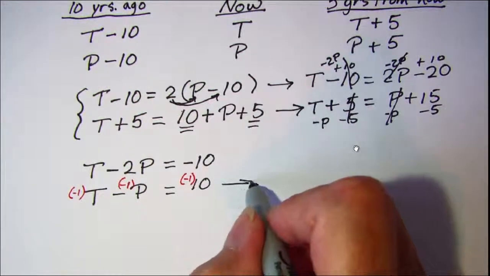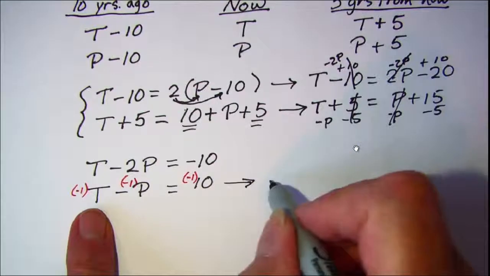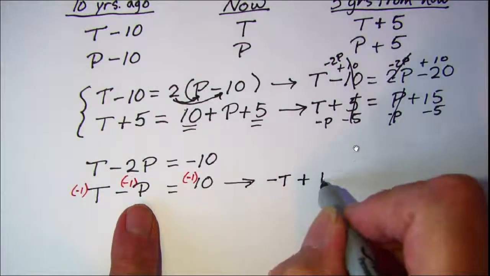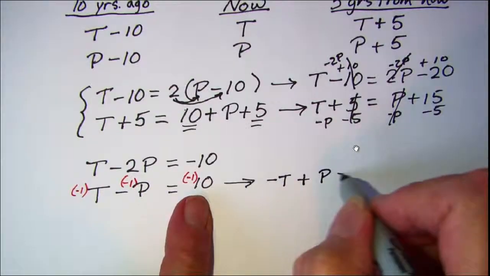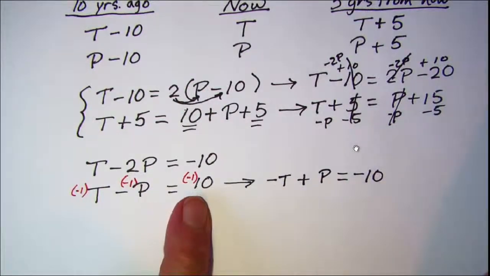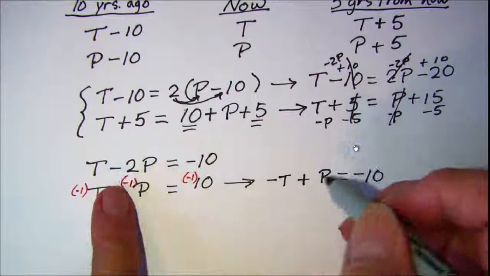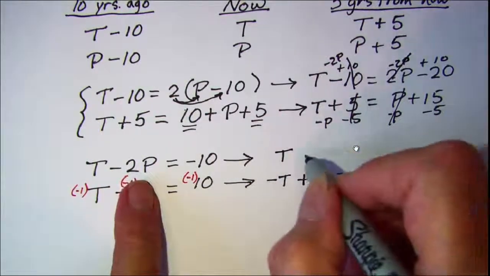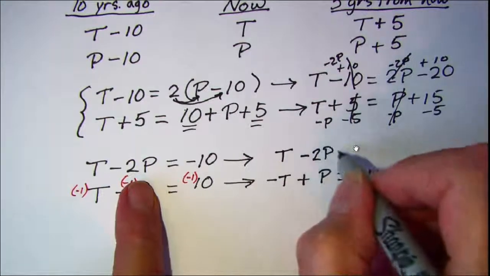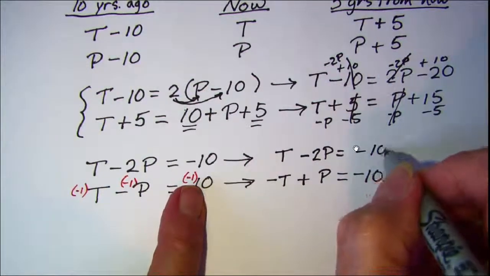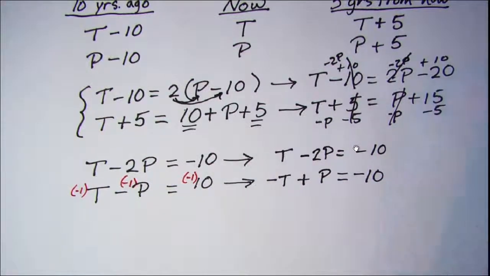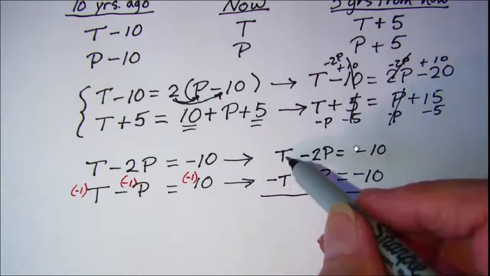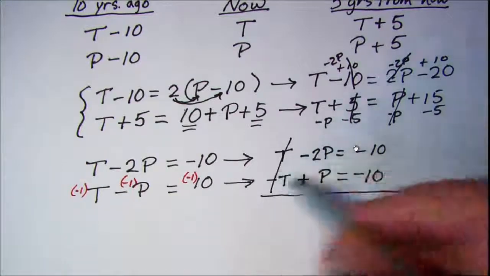So this equation is now -t plus p equals -10. Let me copy this one so that it's right above that. T minus 2p equals -10. Now when I add these two equations together, my t and my -t cancel.